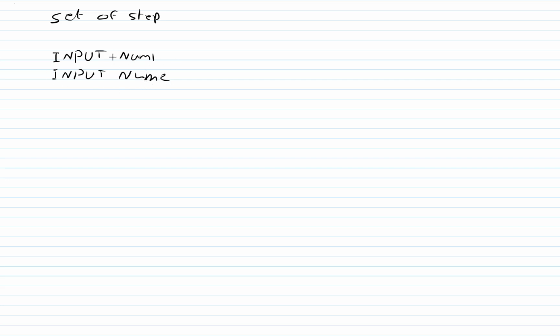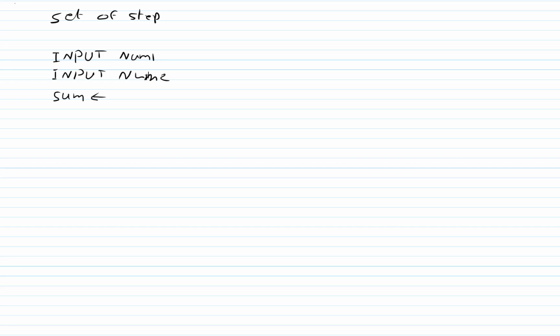Then after we made the first step, which is taking the input, we can make the next step, which is finding the addition. I can make a variable called sum. Then I assign the value. Which value to sum?